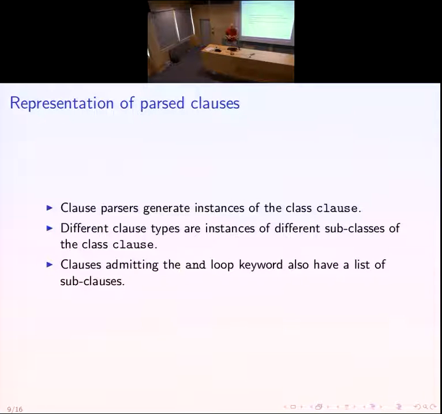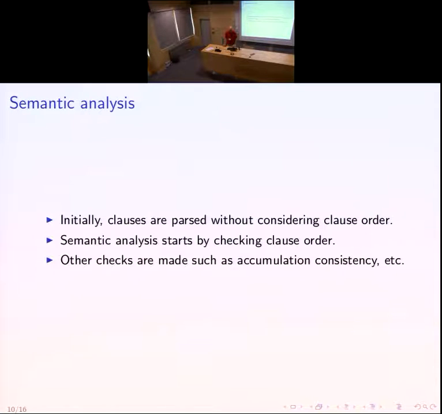And if you remember the loop macro, there are some clause types that admit the AND loop keyword. And for those, each clause has a list of subclasses. And all of these being standard instances, it's quite easy to use generic functions applied to them for semantic analysis and for code generation.